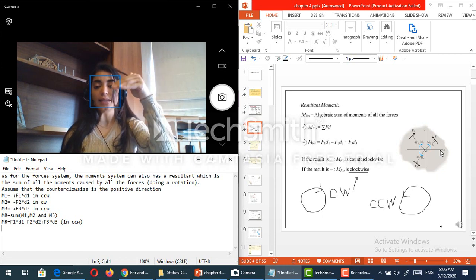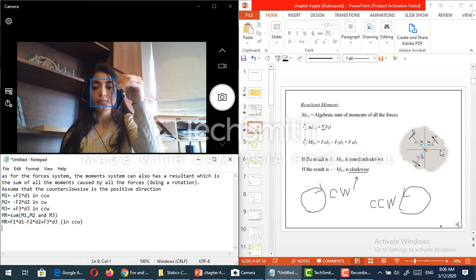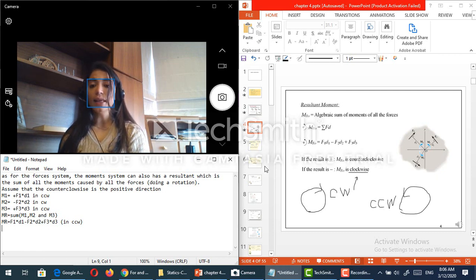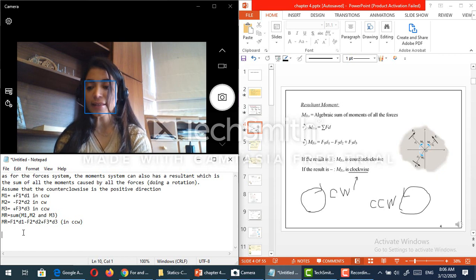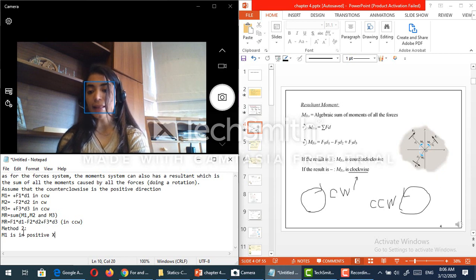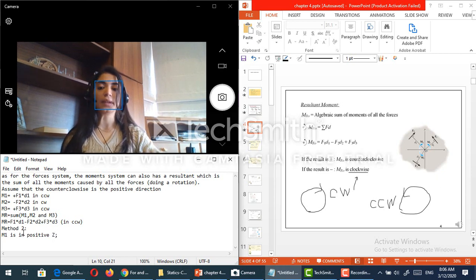F1 is doing a rotation where the direction of the moment is towards me, which means M1 is in the positive z. So I can say this. Another method, so this is method 2. M1 is in positive z. Now what about M2?